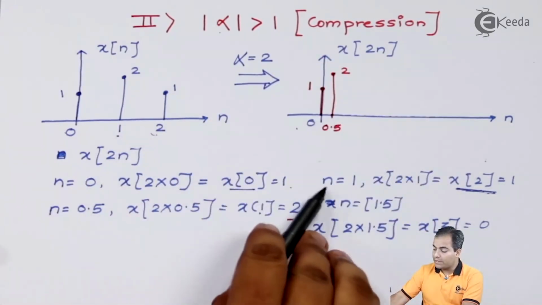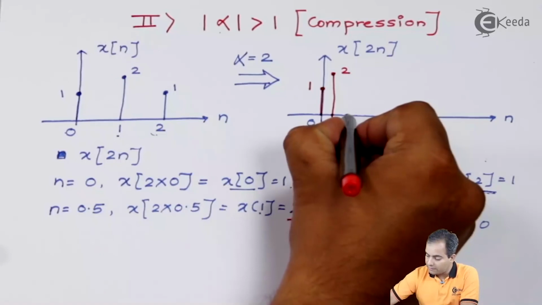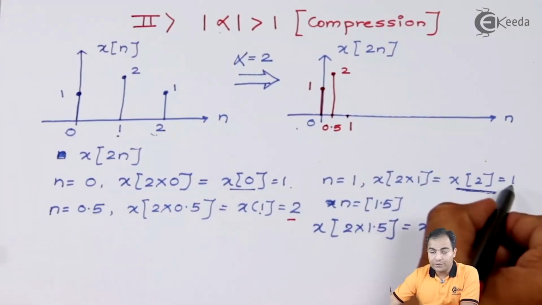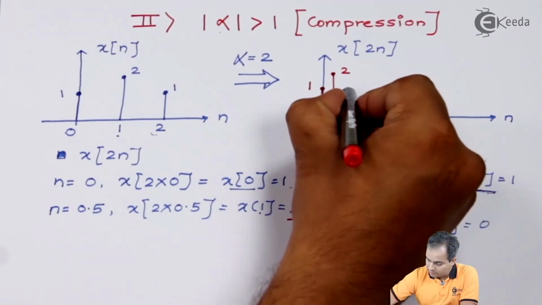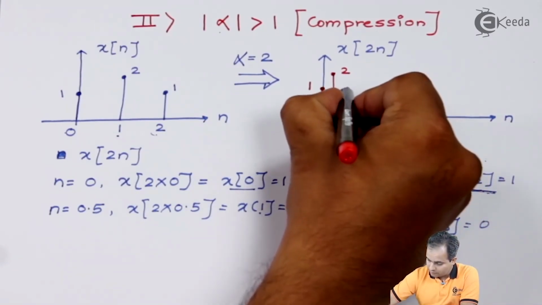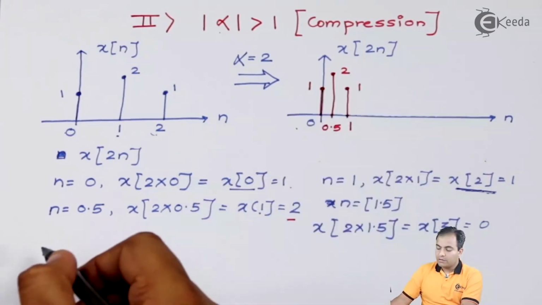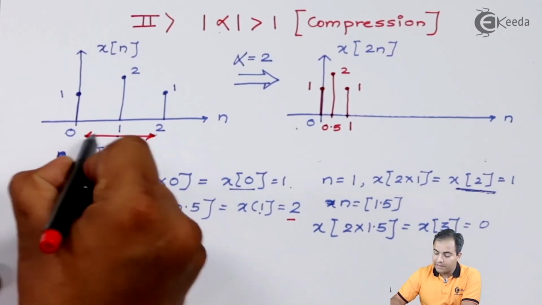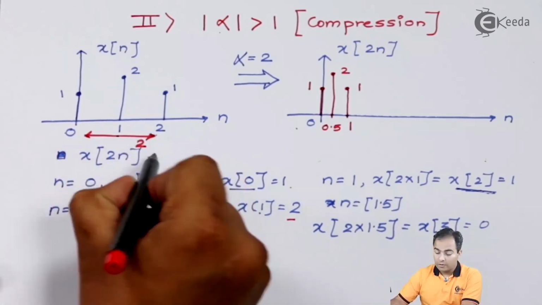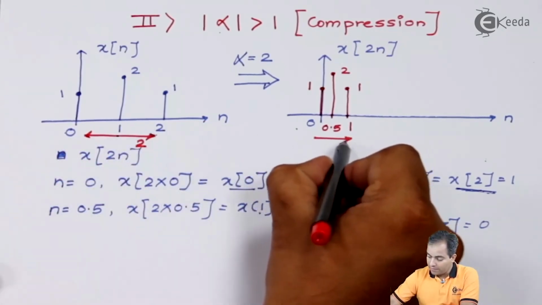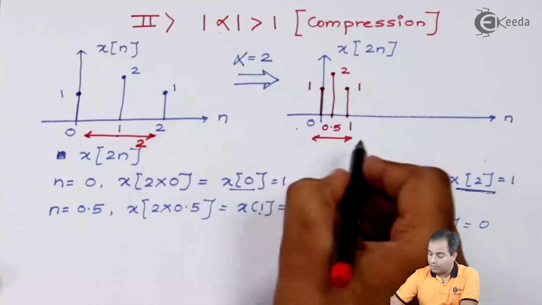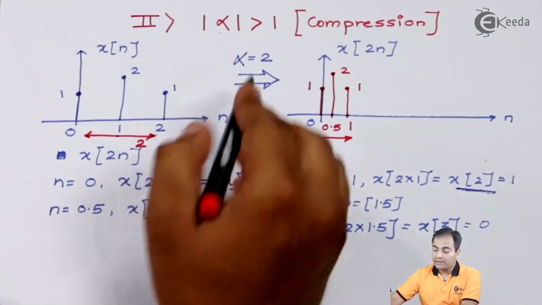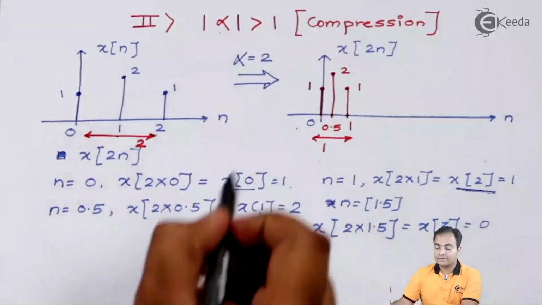Now if I substitute n equals to 1, this is the place of 1, and the amplitude is 1. So now you can say that in the given example the total time period is 2, but after using alpha equals to 2, your graph is decreased and the total time period is 1. So you can say that the graph is compressed.